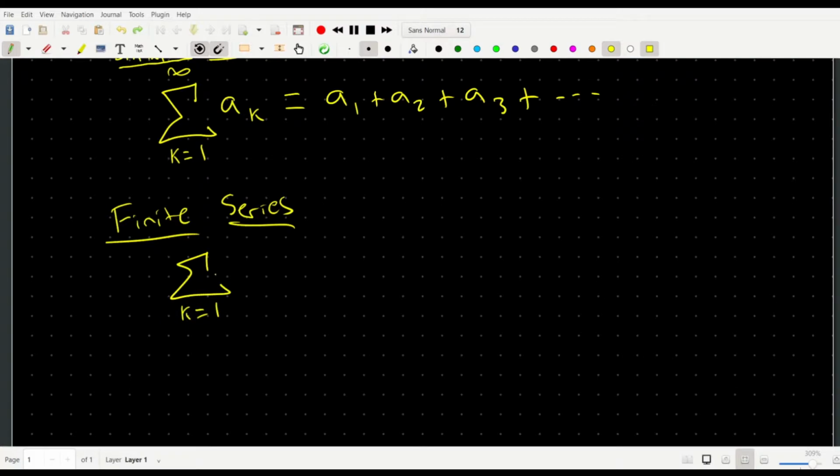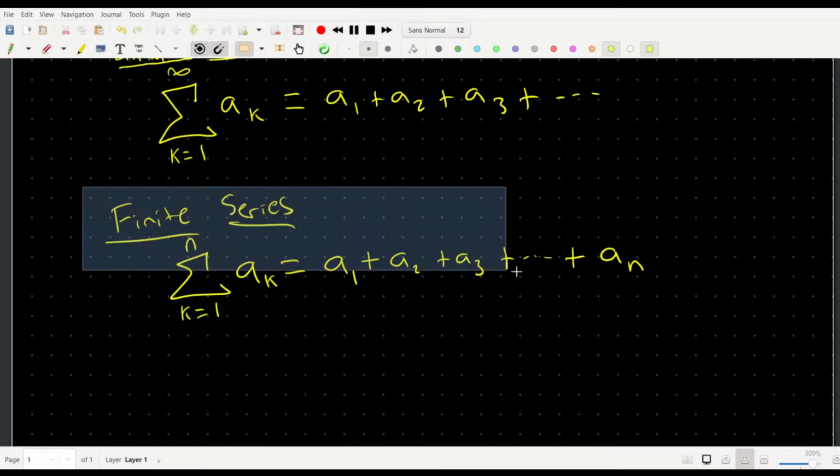So the sum from k equals 1 to some n of ak is going to be a finite sum of terms: a1 plus a2 plus a3, and so on and so forth, up to some finite value n, where an is the last term in the series.